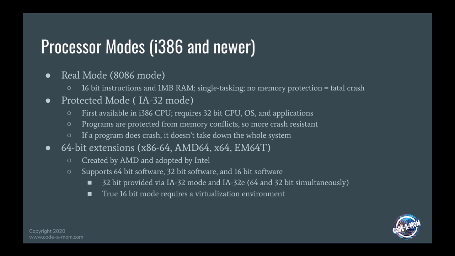64-bit extensions, also known as x86-64, AMD64, just normal x64, and EM64T. You'll see x86-64 most commonly as the designation, but you may see some of these others depending on the article or documentation that you're looking at. 64-bit extensions were created by AMD, eventually adopted by Intel through a licensing agreement, and that's basically what we see now when we talk about 64-bit CPUs and operating systems.